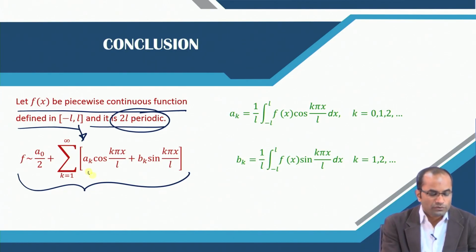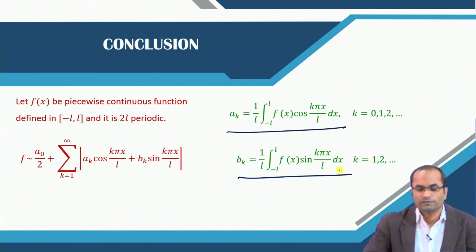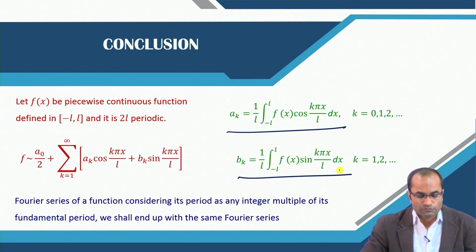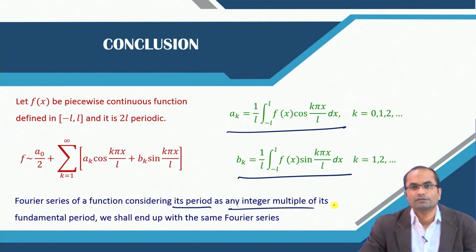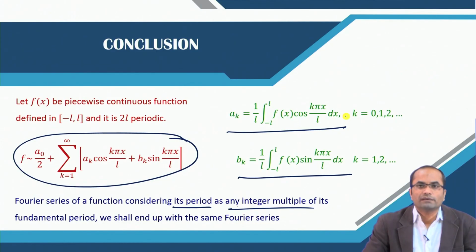This was the more general form of the Fourier series, where the Fourier coefficients are computed in this way. We have also seen that if we take any integer multiple of its fundamental period as the period, the Fourier series will remain the same, and we demonstrated this with the help of one example.